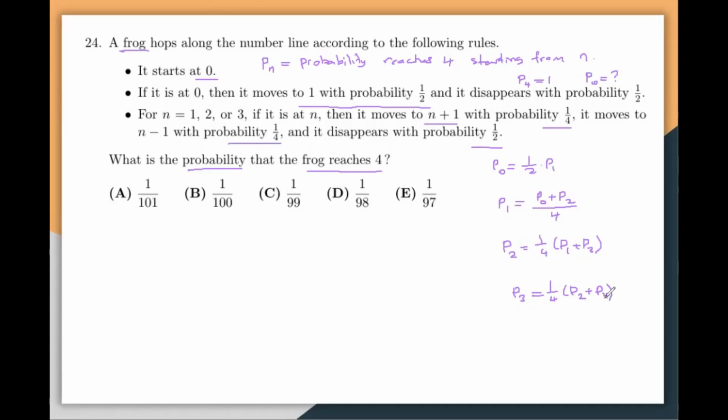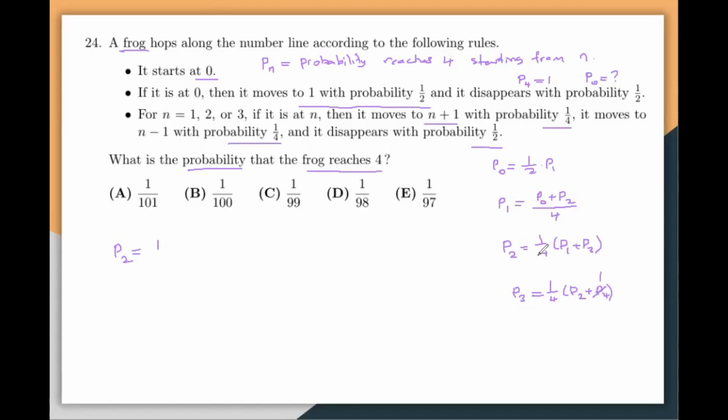Okay, so then we can find the relation between those P1s, P2s, and P4s. Since we know P4 is 1, we can replace that with 1 immediately. And then we want to get P0. So how do we do that? Maybe we can take this P3 and plug it right here to get P2 in terms of P1 and P2. Let's do that. So P2 is equal to 1/4.